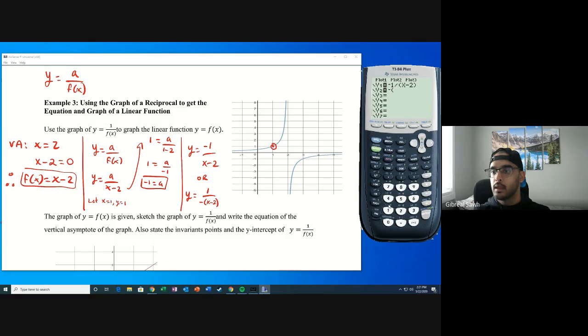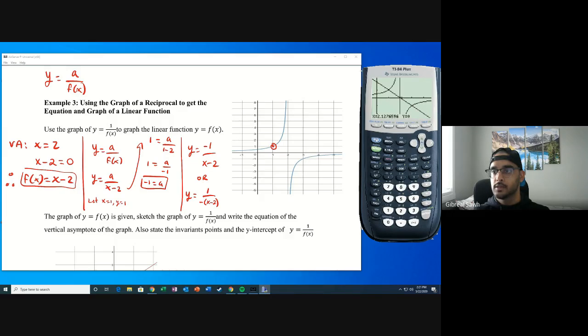Negative bracket x minus 2. Now if I graph it. There we go. Okay, now you can see that it goes through those 2 invariant points that it should. So I'm going to zoom in again. Close enough to it. Now I can see them.